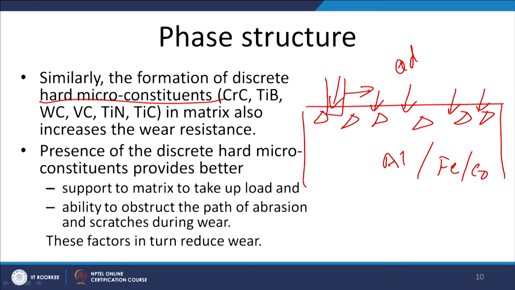So, adhesive wear resistance is enhanced due to the improved ability to support the matrix against the external load, and abrasive wear resistance is improved because of the increased ability of these hard particles to resist the path of the abrasion or abrasive marks during the scratching or the abrasive wear conditions.